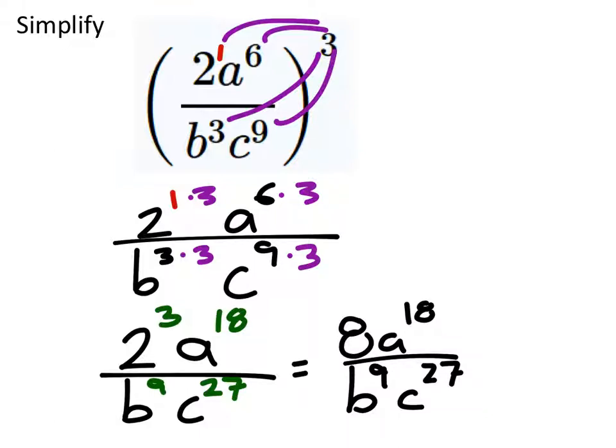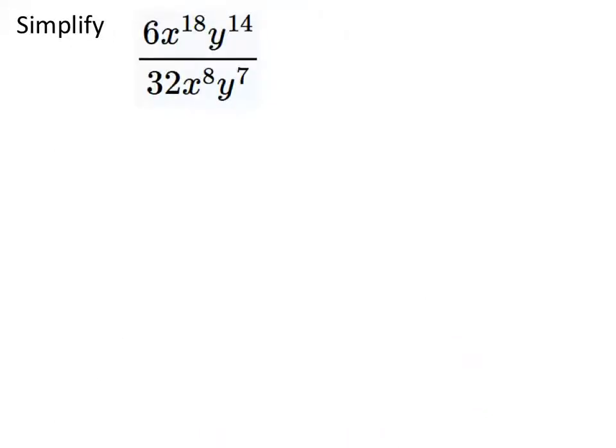All right, let's simplify this. I recommend looking at these like terms. Now, usually when we talk about like terms, we're looking at addition and subtraction, but for a fraction like this, it's still okay. I'm going to separate this into separate parts.